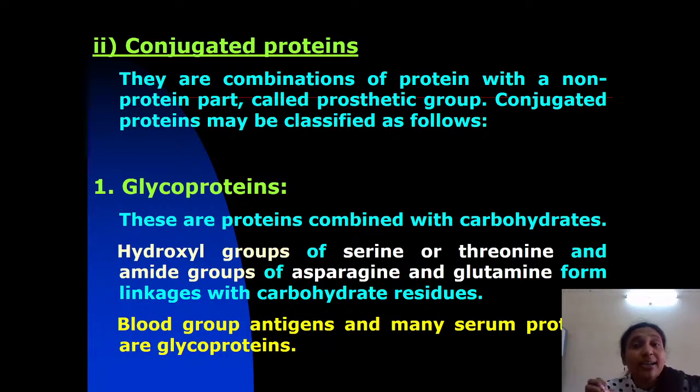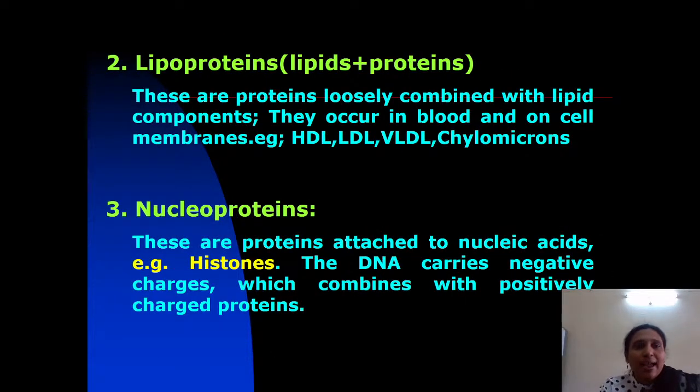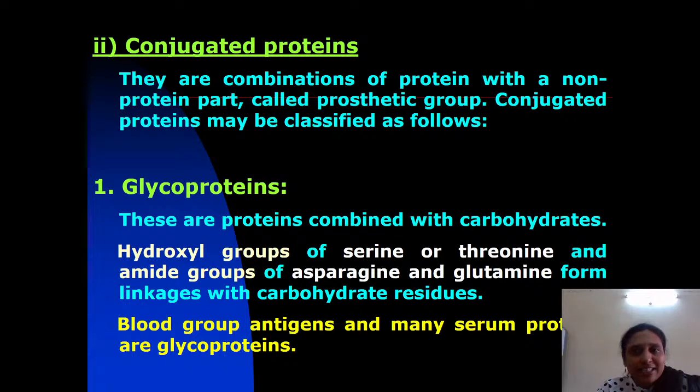If carbohydrate content is more, that results in the formation of mucoproteins or proteoglycans, which are viscous and mainly present in the synovial fluid of the joints, acting as shock absorbent and lubricant. So this is one of the conjugated proteins, and the rest of the classification of conjugated proteins will continue in the next class. Thank you.